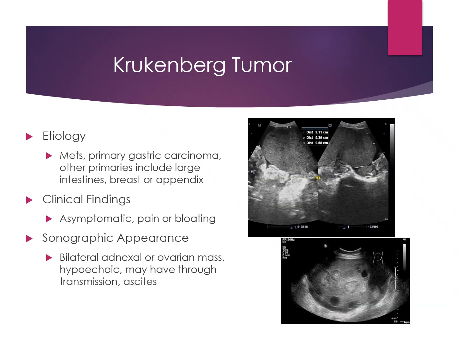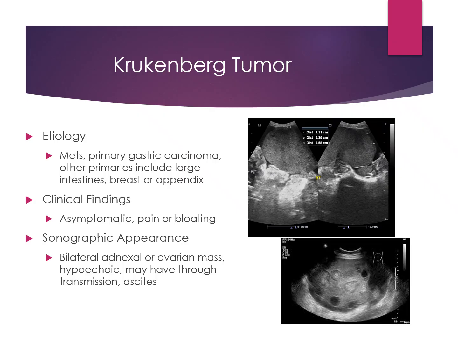Next, we have a Krukenberg tumor. These are metastases from another cancer. So primarily a gastric carcinoma or breast cancer, appendix cancer, intestinal cancers. They're usually just coming in with some feeling of fullness, some bloating. Other than that, they're pretty asymptomatic.